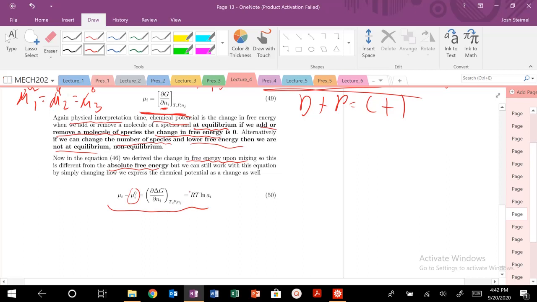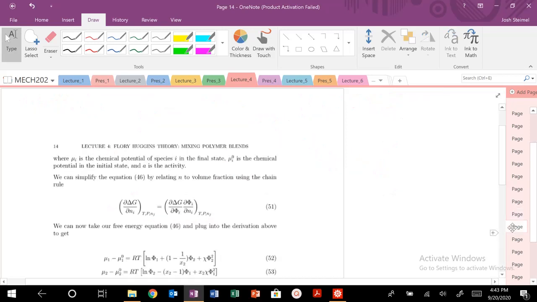And last time we made the approximation that our chemical potential is very similar to the derivative of our delta G of mixing as a function of phi. We're going to see in just a second that there is one additional chain rule step that we're going to have to make, and we'll see that on the next page.